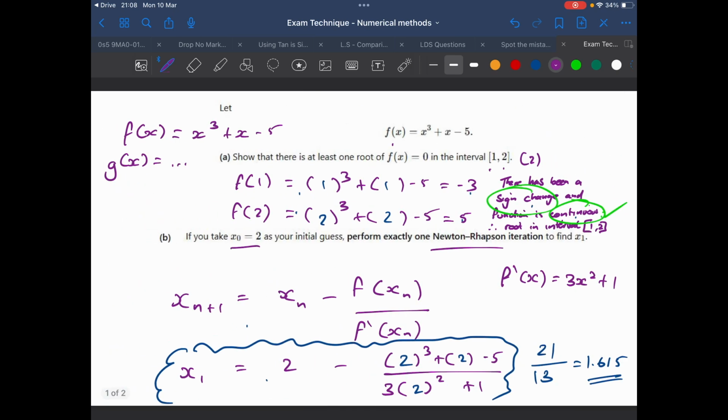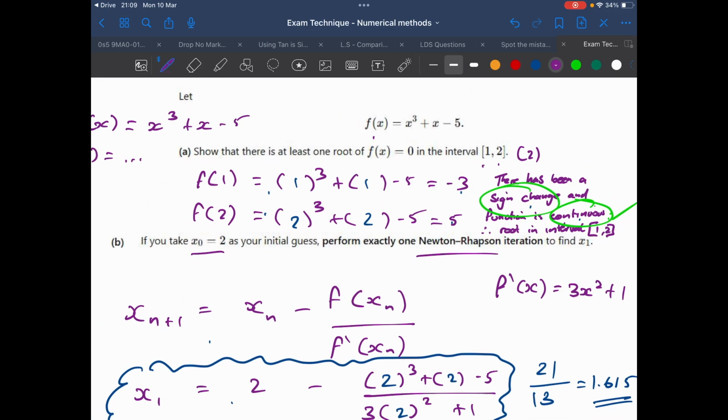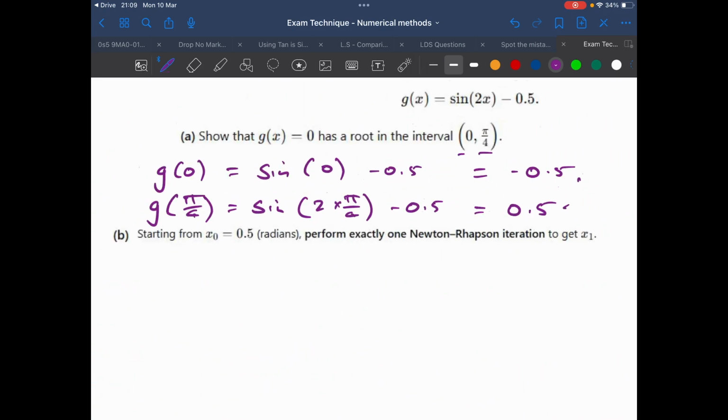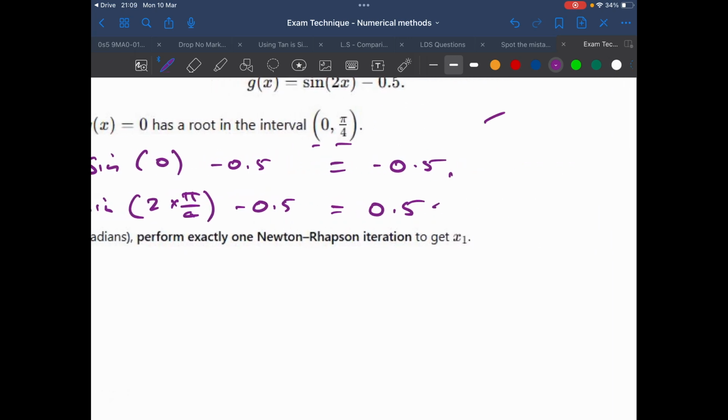So what was our conclusion? There has been a sign change and the function is continuous. Therefore, there is a root. And the function, well, actually, the function is always continuous for sine.